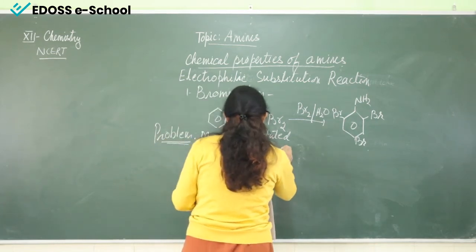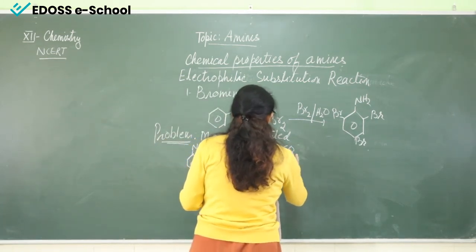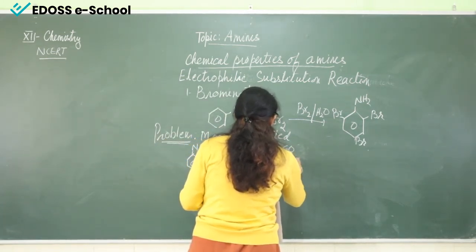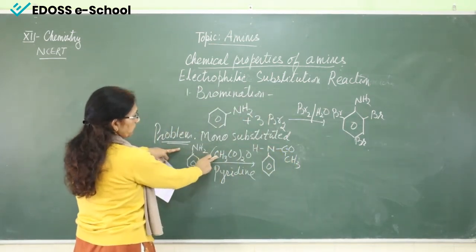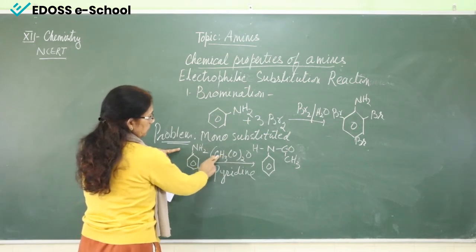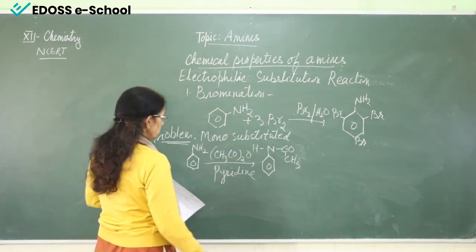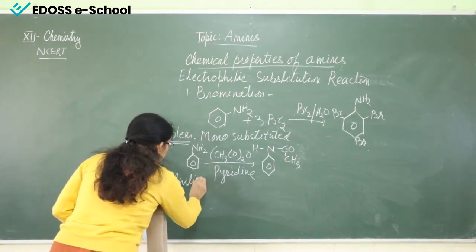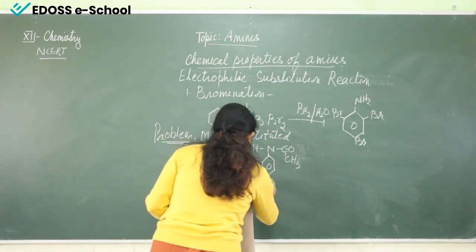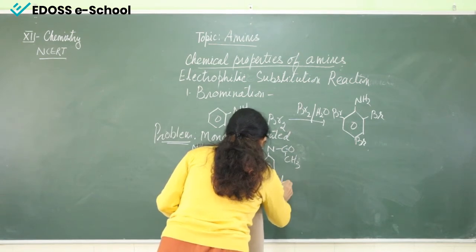So this will be CO, CH3, and one hydrogen will be replaced with this group. This CH3CO group will add here. So this is aniline, and this is acid anilide.